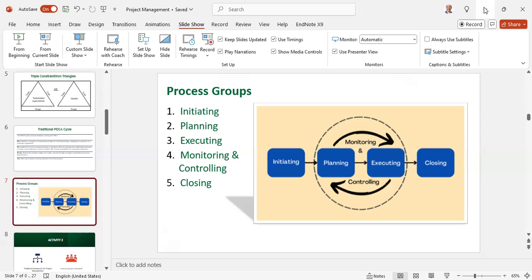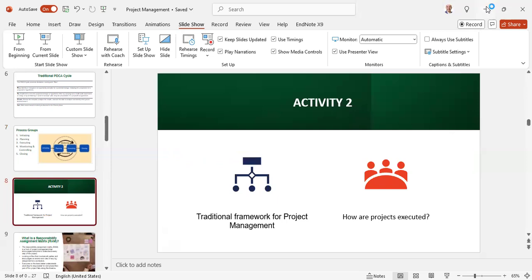And before reaching the closing or the last stage of your project management phase, you need to review and align your project implementation again with what was initially included in the project scope.